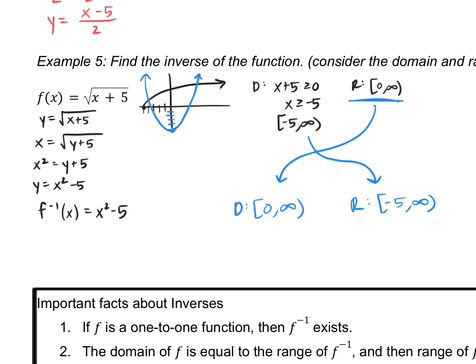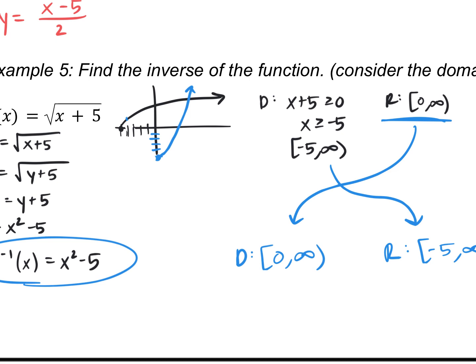So if I were to redraw this, technically, that is what your inverse function looks like. Just the blue piece there. The black piece there is your regular function, and this blue piece is your inverse function.